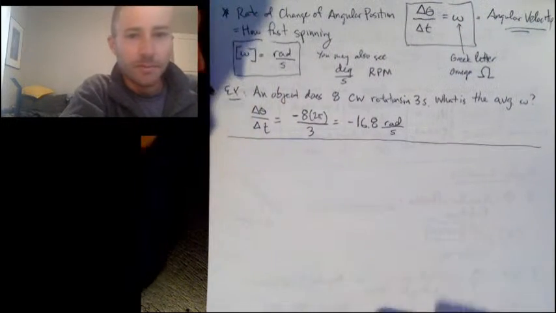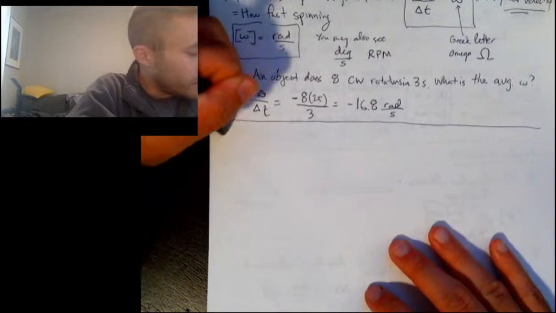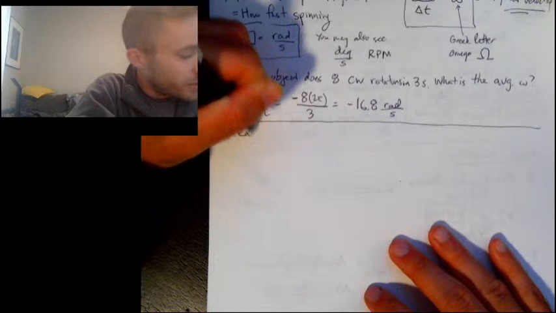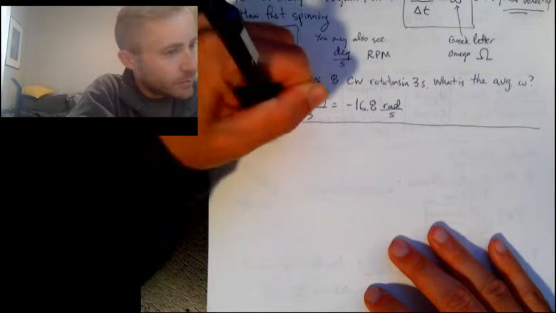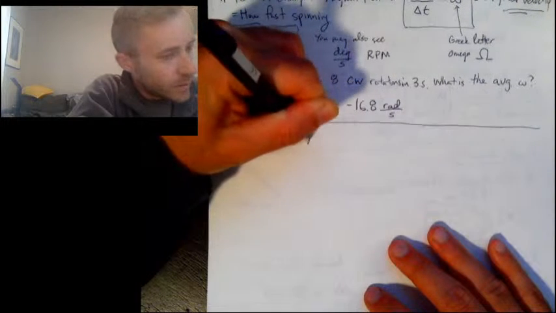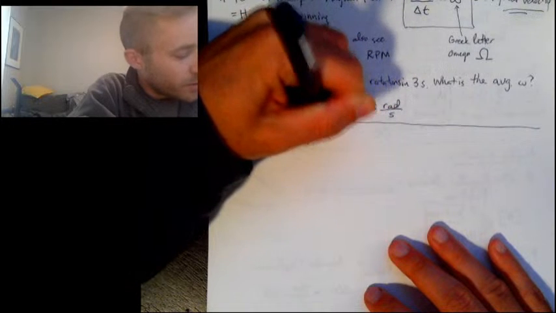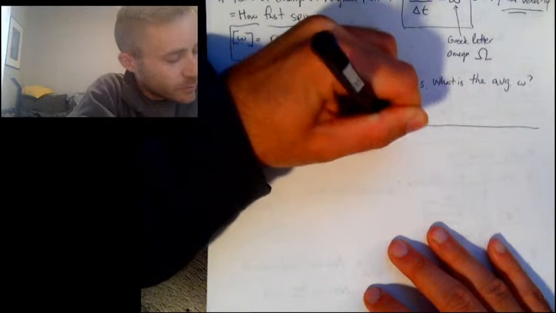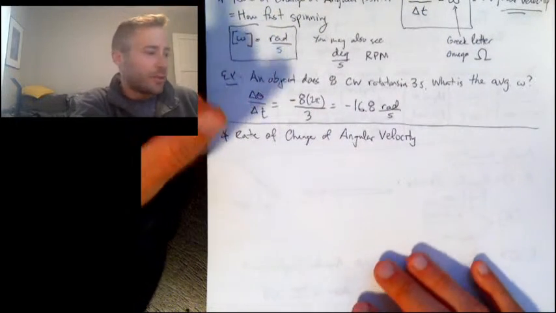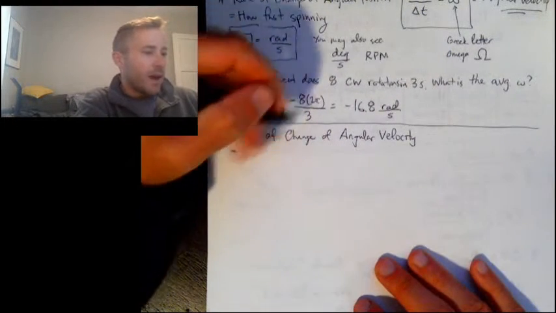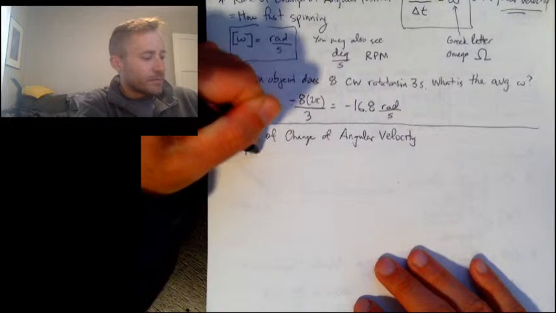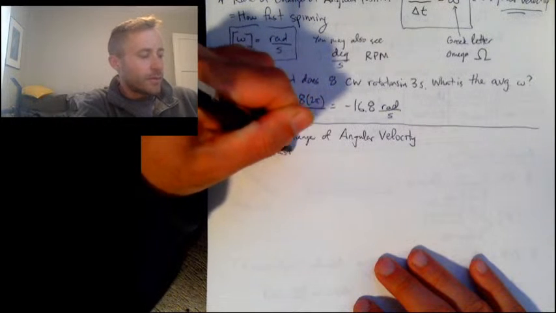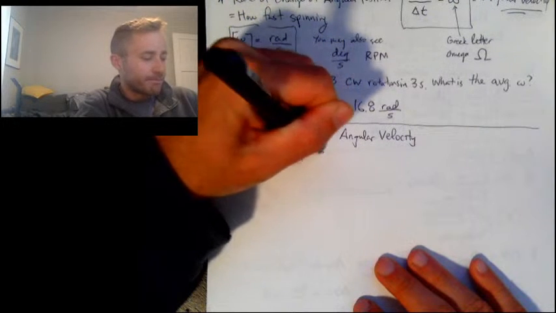The next topic is the rate of change of angular velocity. So that's basically how fast you spin fast.